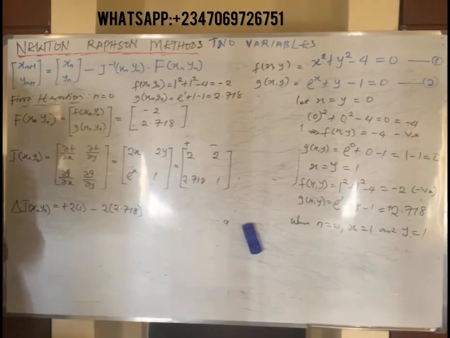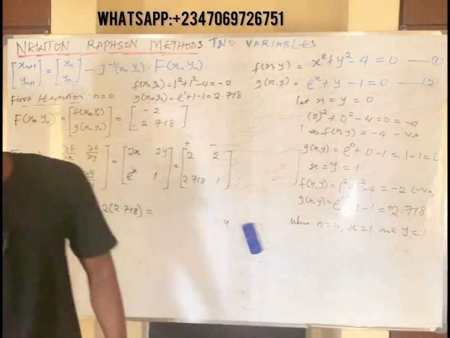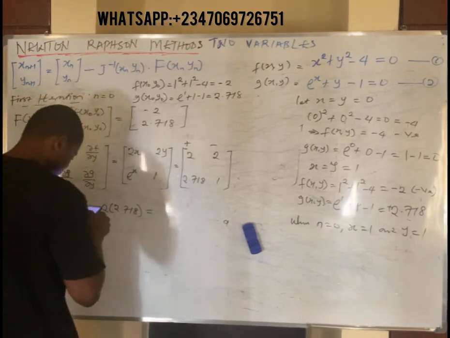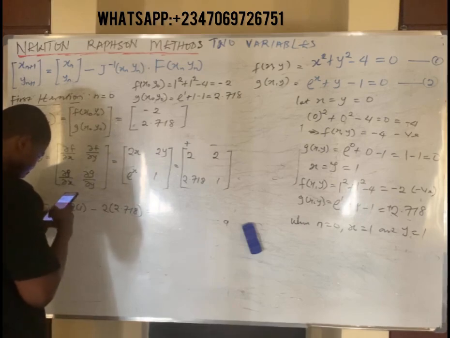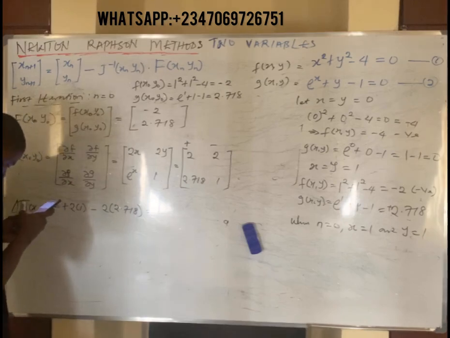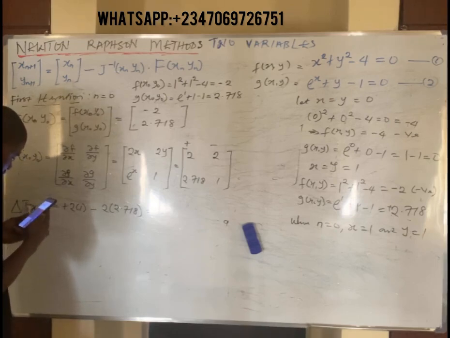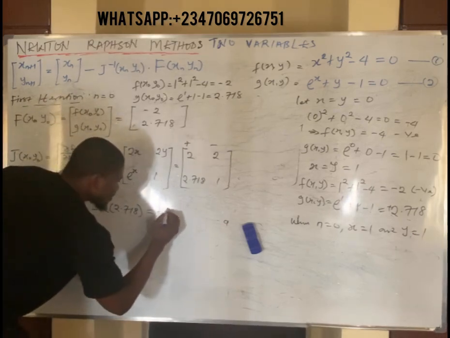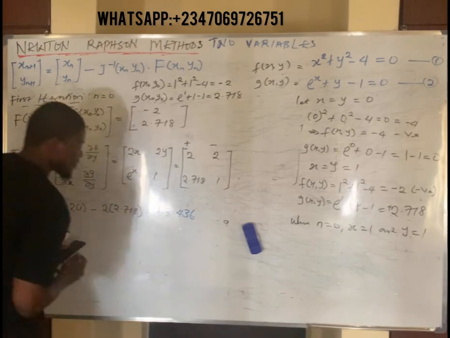So let's evaluate all of them together just to save time. So upon evaluation, we simply have negative 3.436 for the determinant.